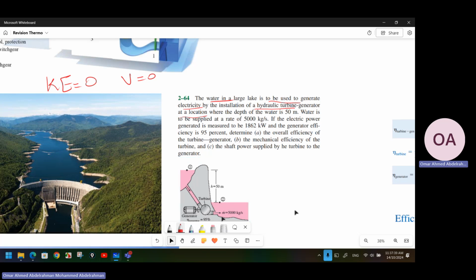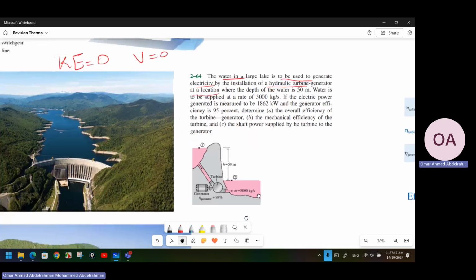So I need to understand the purpose of the hydraulic turbine generator and how it converts the potential energy of the water to electricity, and then I can solve the question.